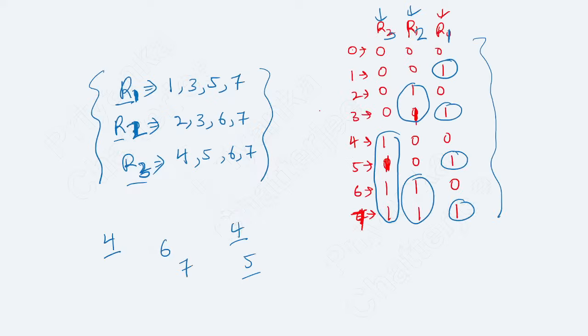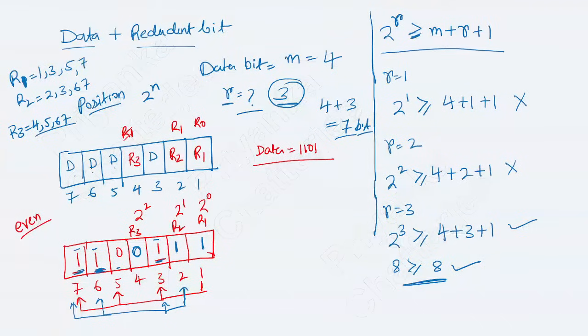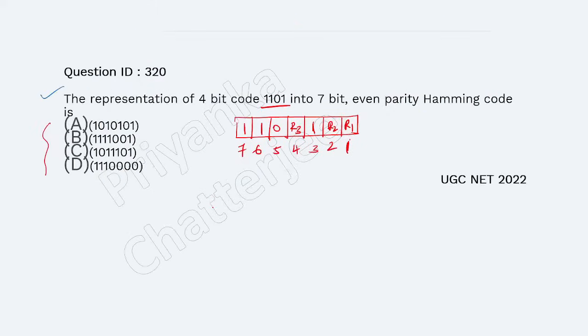Just now what we did here, this way we did 1 1 0 1, that was coming here, but it will not work here.